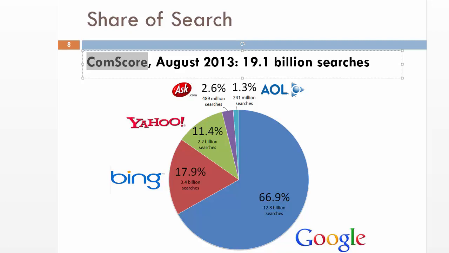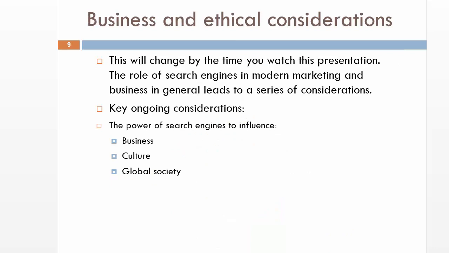When you have an organization that is as big as Google, and Bing as well, between those two they cover all but maybe about 15% of the search queries that are out there. And so you're going to have to start thinking about some business and ethical considerations about what's going on.